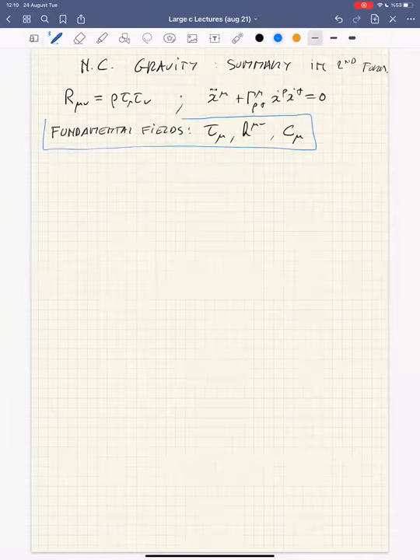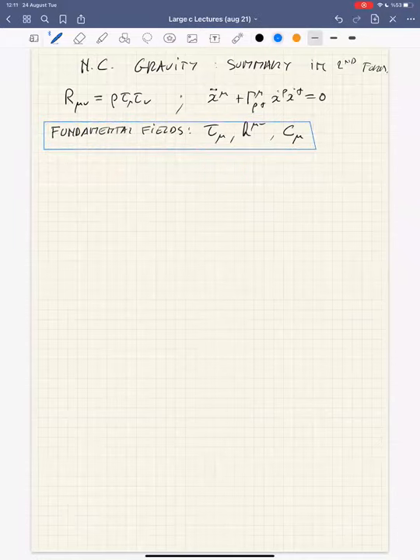So these are, if you like, the degrees of freedom of Newton-Cartan. Again, it's a bit tricky to really call them degrees of freedom because they still satisfy various constraints, but okay. Many of you are aware of this, but for completeness I have to point this out. So now we have this general fully geometric formulation.